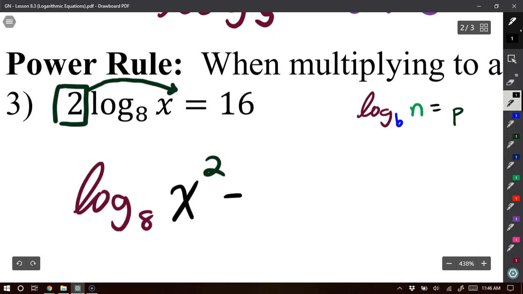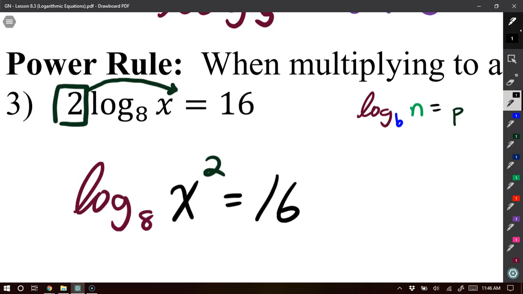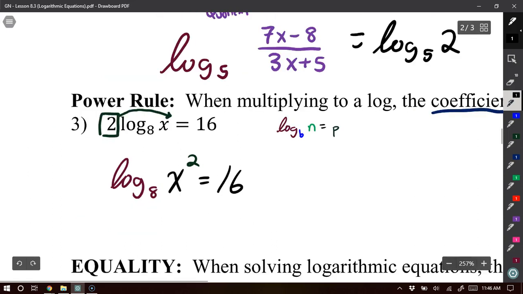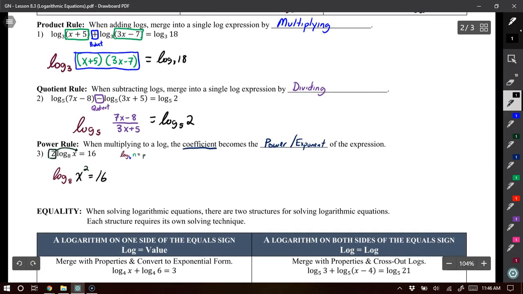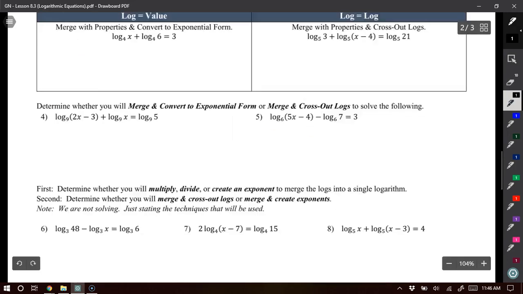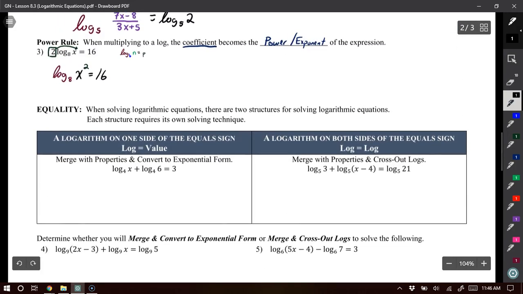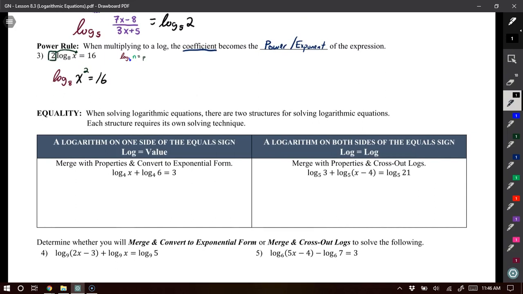That exponent came up, and you have log base 8 of x squared equals 16. Now that looks good. There's no coefficient, there's no plus sign, there's no minus sign. I can solve in a future lesson. So that's really what we're focusing on in part 2: how do I merge? Because these structures are where we're going in part 3. Right now, we're going to practice just going through with it.